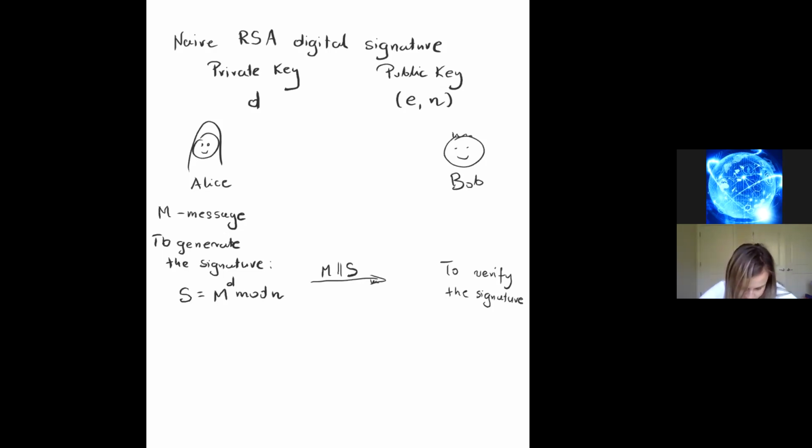He computes M prime as the signature S to the power E, which is part of the public key, modulo N. And then if M and M prime are exactly the same numbers, then verification is a success, and he knows that this message comes from Alice.